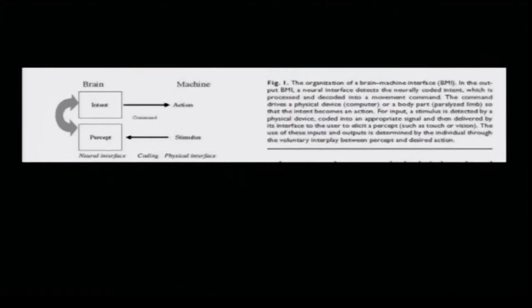So, coming back and summarizing this whole process. Here you have the machine and here is the brain, and the percept and the intent and the command and the actions and the stimulus. So, this is the physical interface, this is the coding interface, and this is the neuronal interface. In the organization of the brain machine interface, in the output BMI, a neural interface detects the neurally coded intent, which is processed and decoded into a movement command.